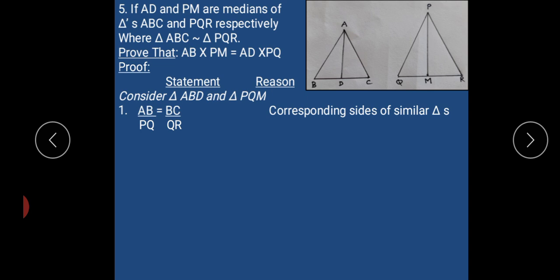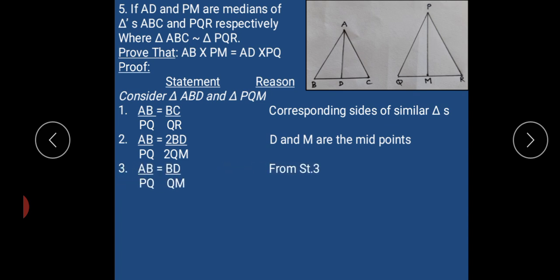But in the triangles which we have considered, BC and QR are not there. So in place of BC, we'll write 2 times BD, and in place of QR, we'll write 2 times QM, because D and M are the midpoints, as AD and PM are the medians. So 2 gets cancelled, and you get AB upon PQ is equal to BD upon QM.